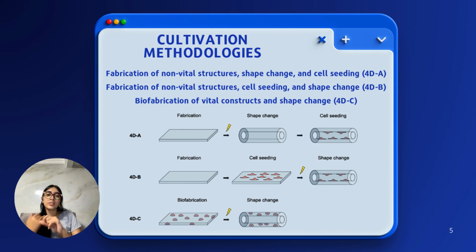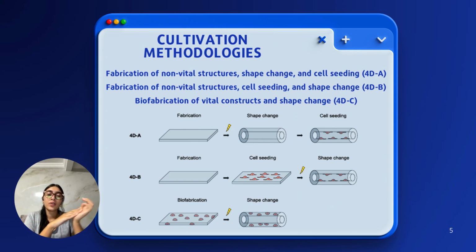Second is 4DB. The scaffold is made and cells are added before the shape changes. Then the transformation happens and the cells experience the dynamic change in their environment, which can help their growth.